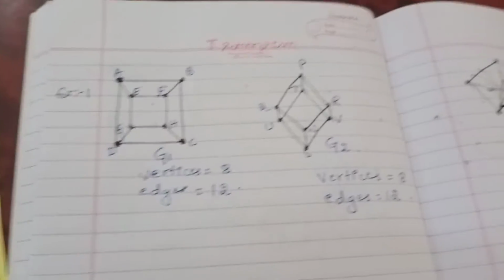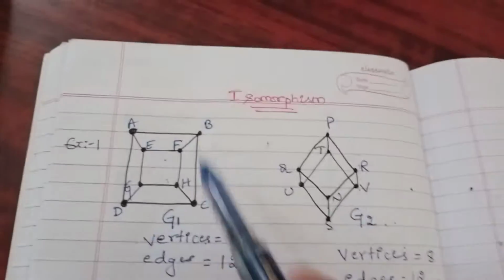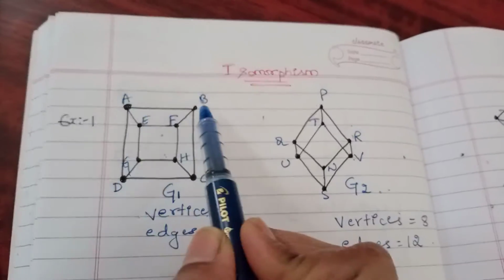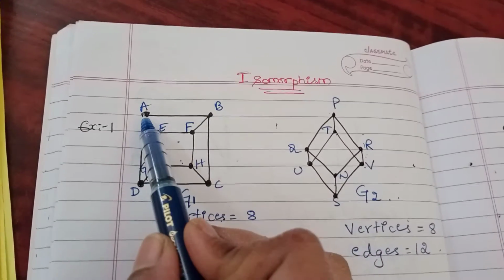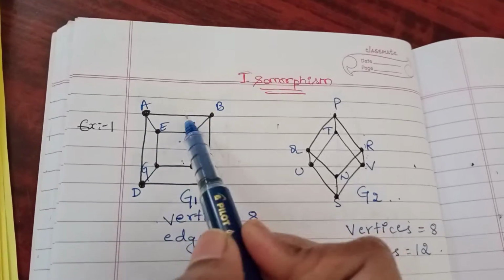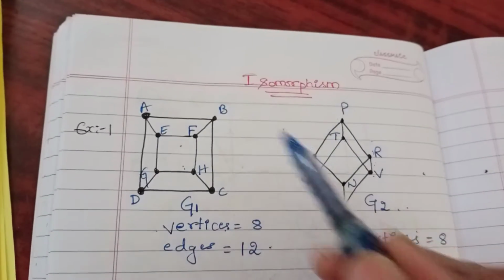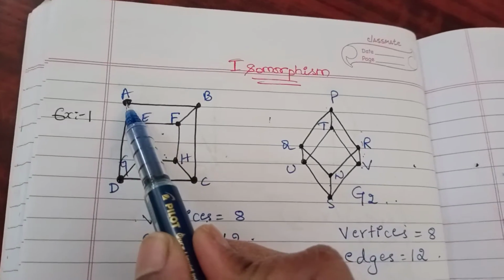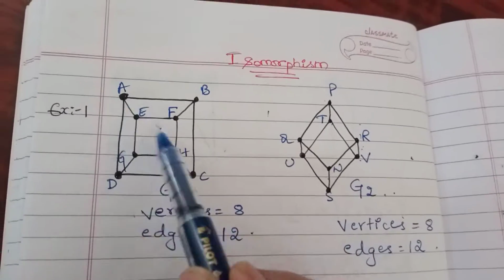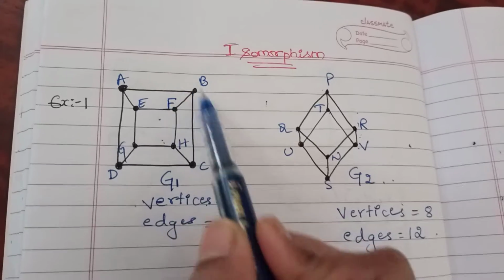Okay, so now what you should do is, if you consider one pair of vertices, or edges, one edge, like A to B you have one edge, you should choose one similar edge in the graph 2 such that the vertex A has degree 3 and vertex B has degree 3.